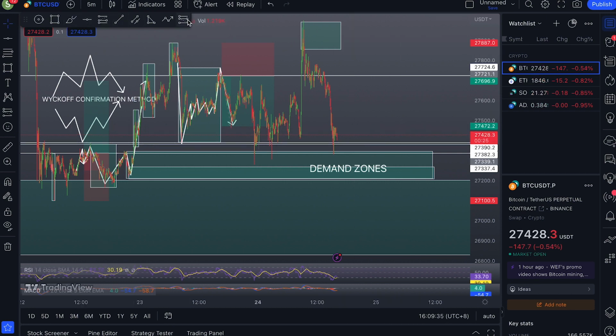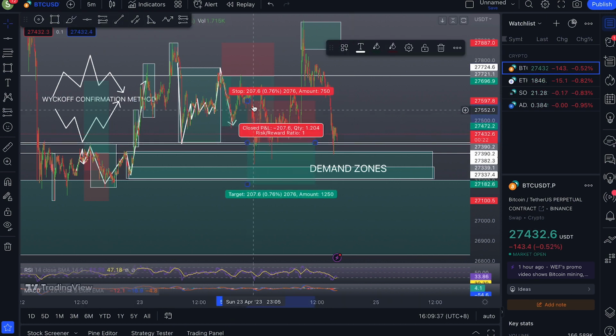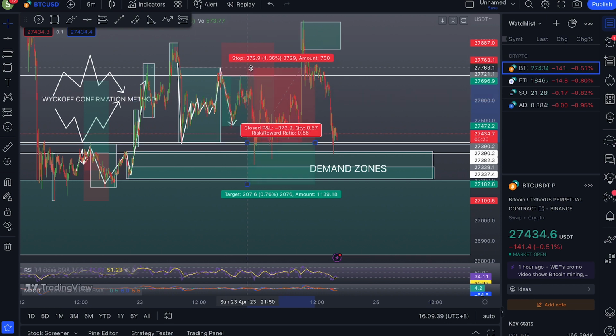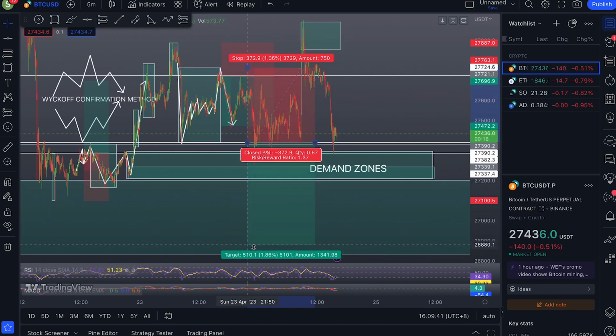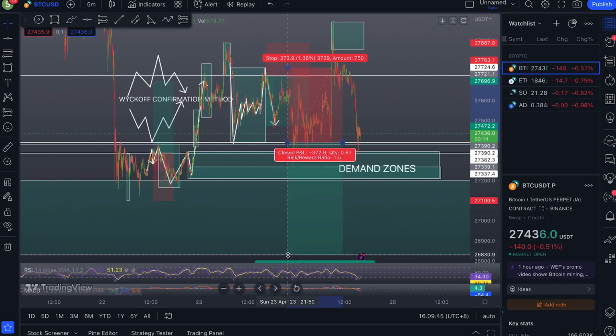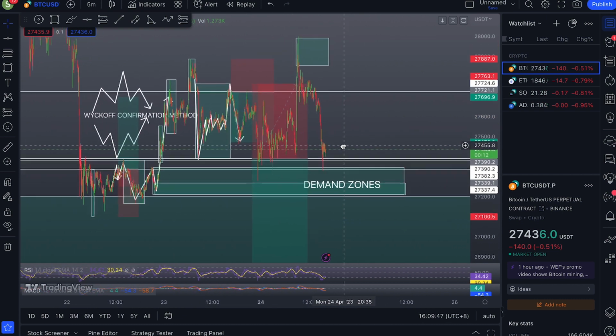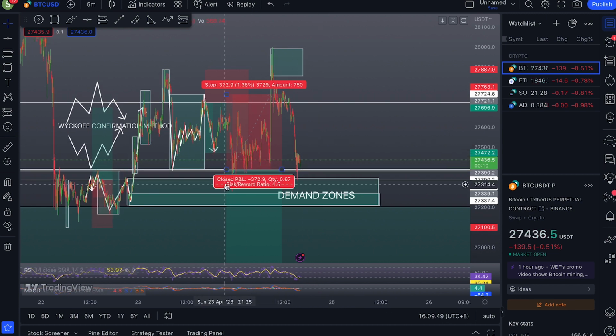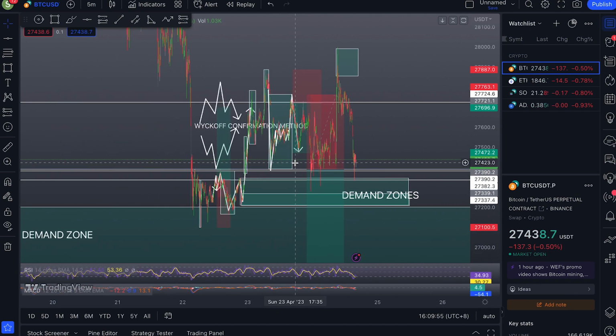So when I shorted this right here, my stop loss would have been all the way in the top here, and to break a 1.5, I would need to go all the way down here, which is a rule I always live by, especially in the lower time frames. Remember that. So now, I lost money again. But this is what I'm trying to say.